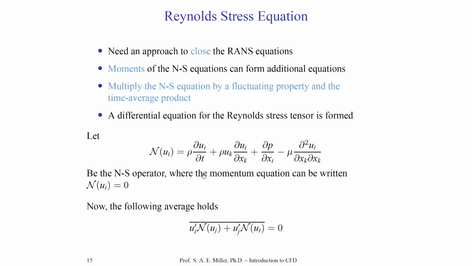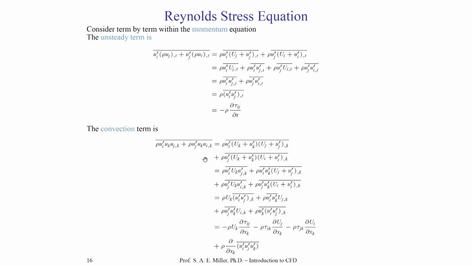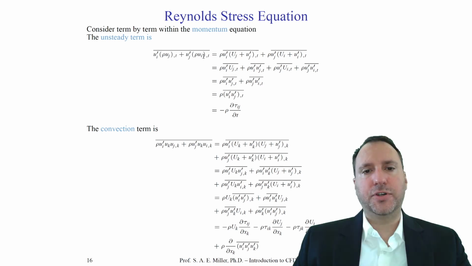Now, let's substitute in, remembering the linear operation of each term in our operator N into these equations. For example, let's look at the first and second terms, u_i prime N u_j for rho partial u_i partial t. That's what you're seeing right here, u_i prime rho u_j t plus u_j prime rho u_i t. So this is the average of partial rho u_i partial t.